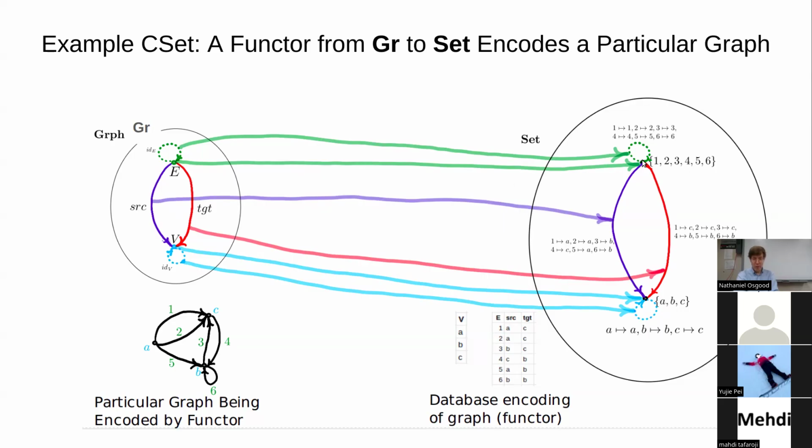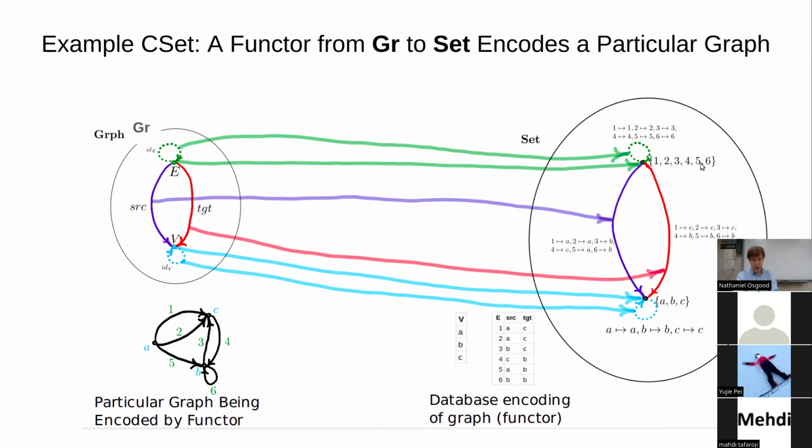So for example, for edge 2, that's an element of this set of edges, right? It maps to its source, which is A in this graph. So edge 2 comes from A. Okay.